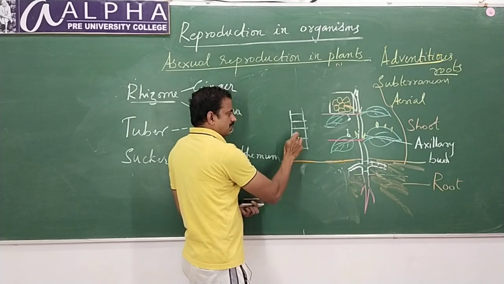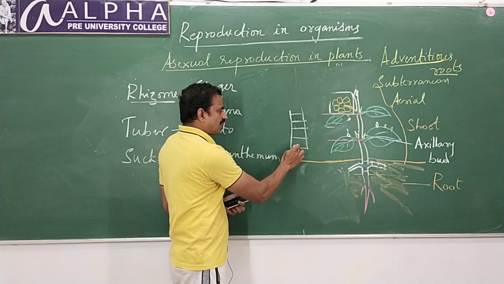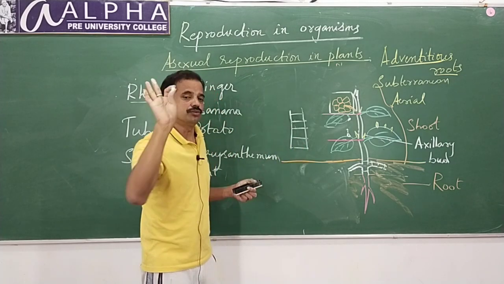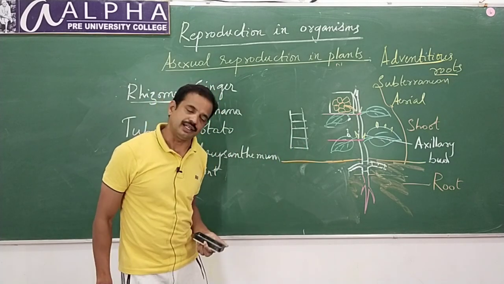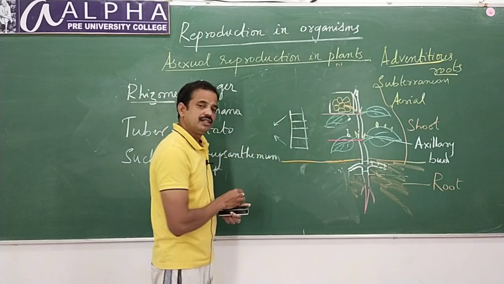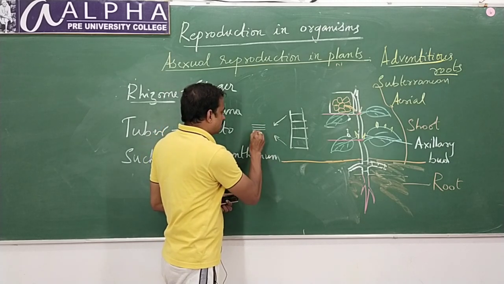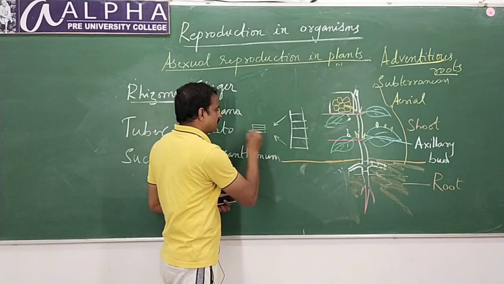And between the nodes there are internodes. Just assume a situation where the internodes are excessively reduced in length. Because of this excessive reduction in internodal length, what may happen? The stem gets condensed like this.